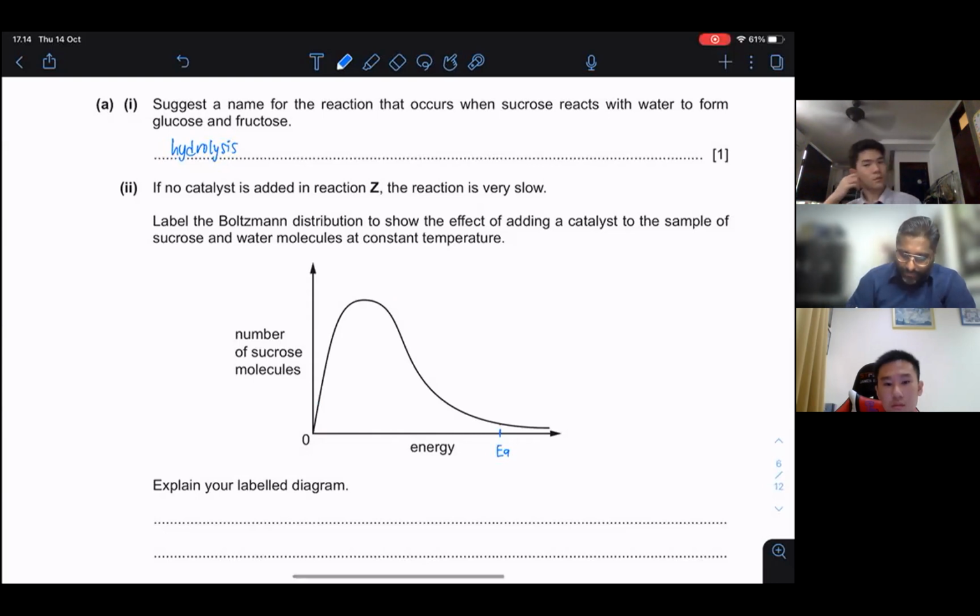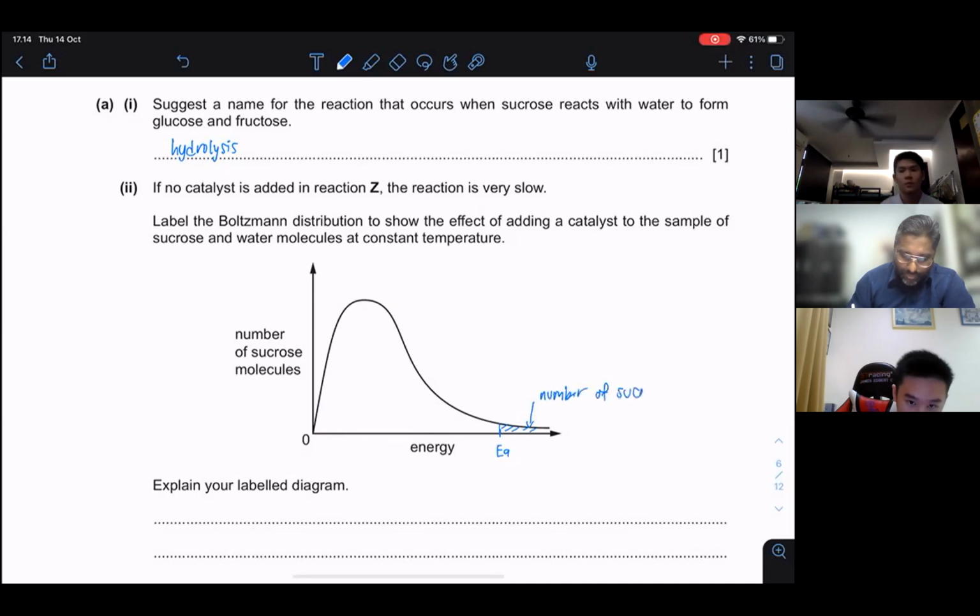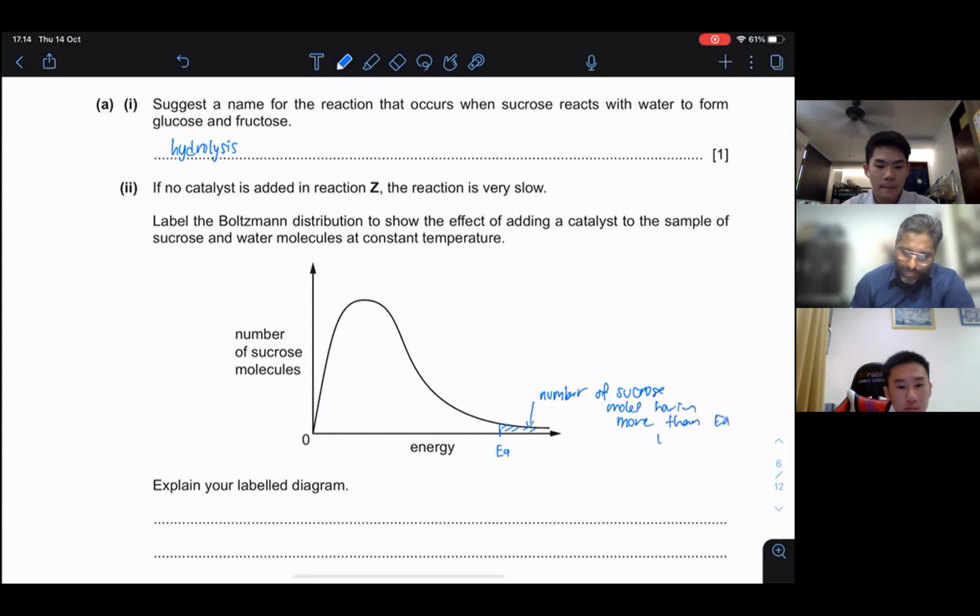So here, this is going to be the number of sucrose molecules having more than EA without catalyst. You can see the area under the graph is going to tell us the number of sucrose molecules.